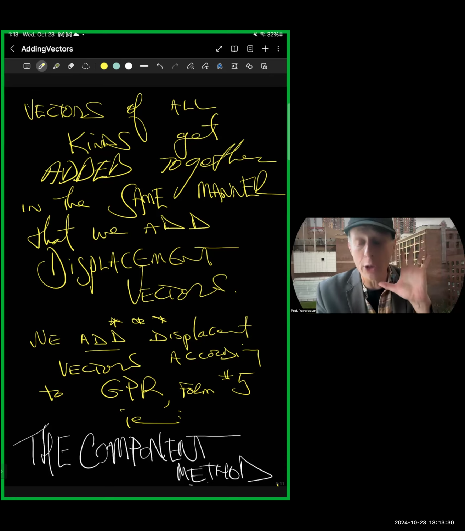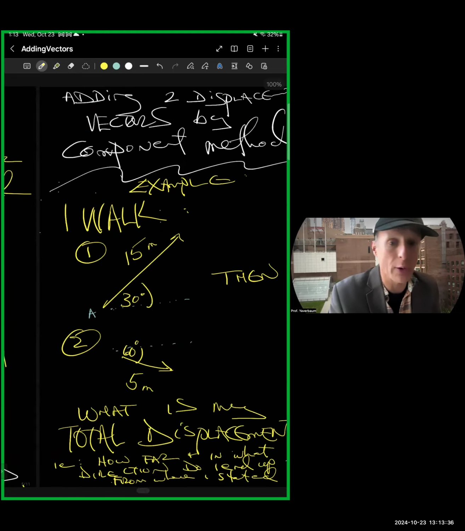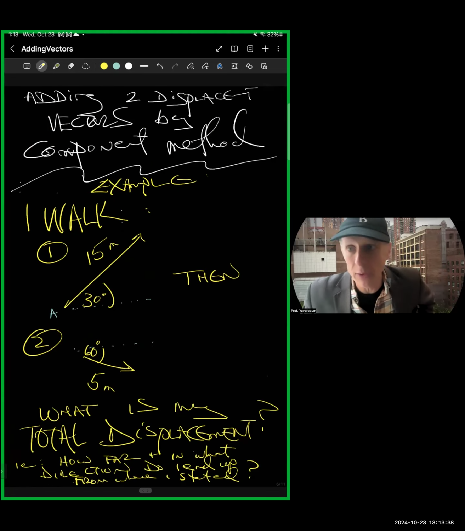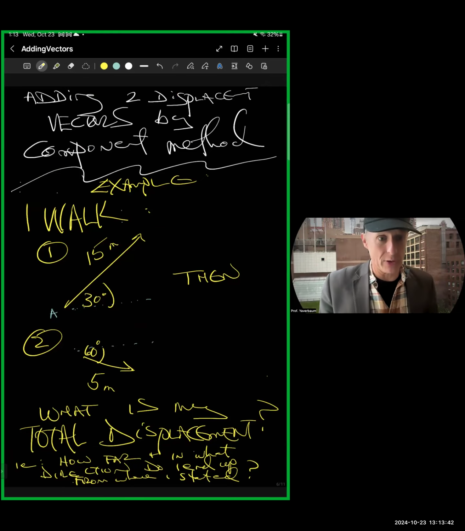So this is the component method of adding two vectors. Let's say we have two vectors, vector 1 and vector 2. They're both displacement vectors, representing some little journey that I just took.